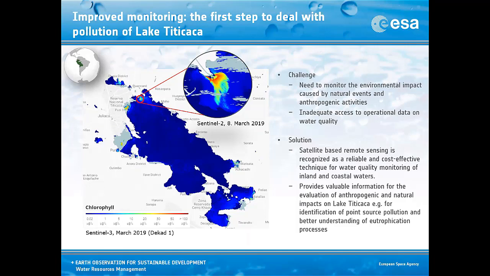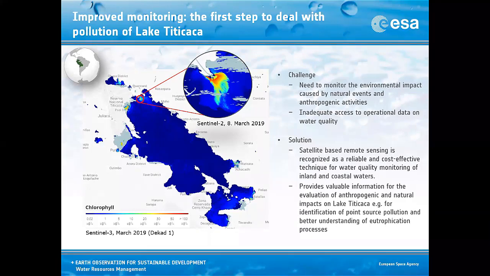And yet, in many cases, the in situ data collection network is inadequate for operational data collection on water quality. And here, Earth observation can help, and it's widely recognized as being a reliable and cost-effective technique for describing and quantifying aspects of inland waters. Some of the relevant parameters are the chlorophyll concentrations, suspended sediment, and water surface temperature.